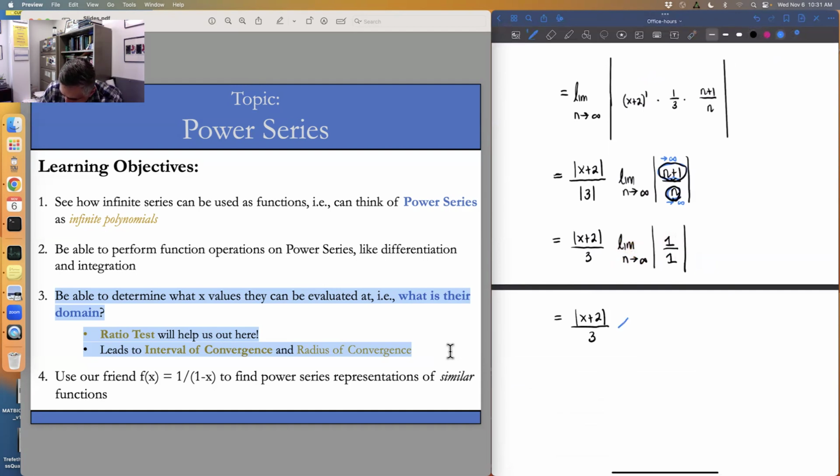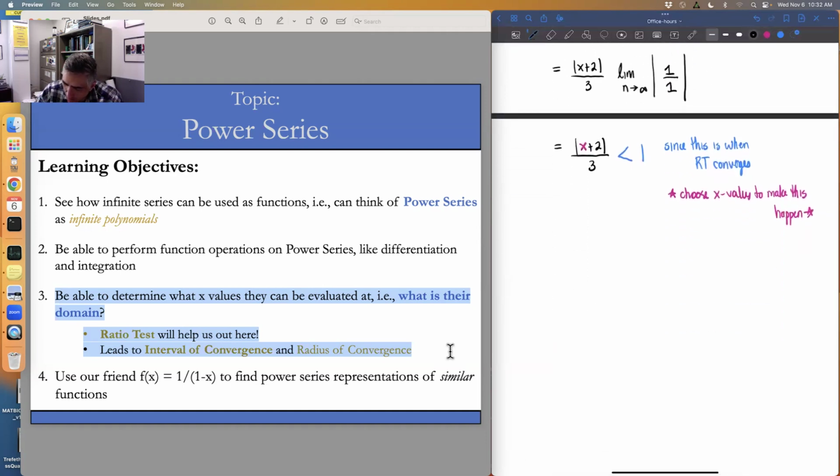So again, what we want to happen is we want this to be less than 1, since this is when the ratio test converges. So that's what's new about applying the ratio test to power series.